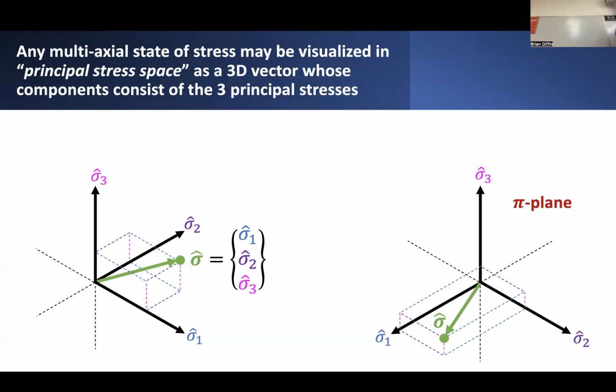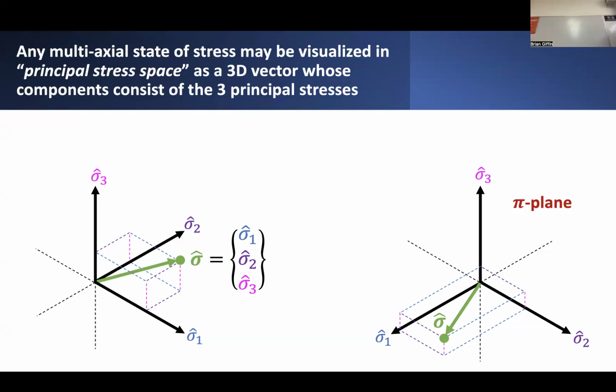But in fact, it's basically just a three-dimensional coordinate system where the actual dimensions of these axes correspond precisely to the different values of the principal stresses, sigma 1, sigma 2, and sigma 3. So if I wanted to represent a particular state of stress within this principal stress coordinate system, I can basically describe it as some point that exists somewhere in this three-dimensional space. Kind of a fun idea.